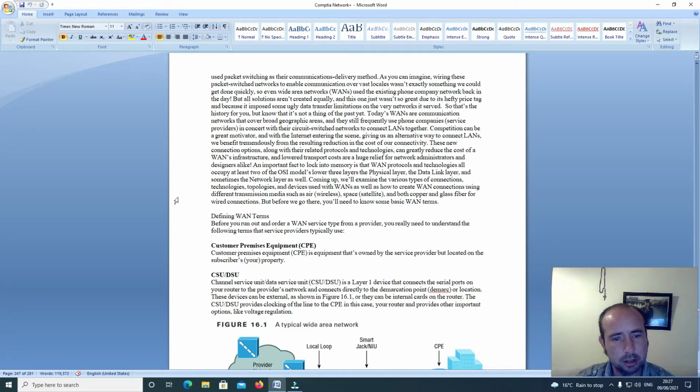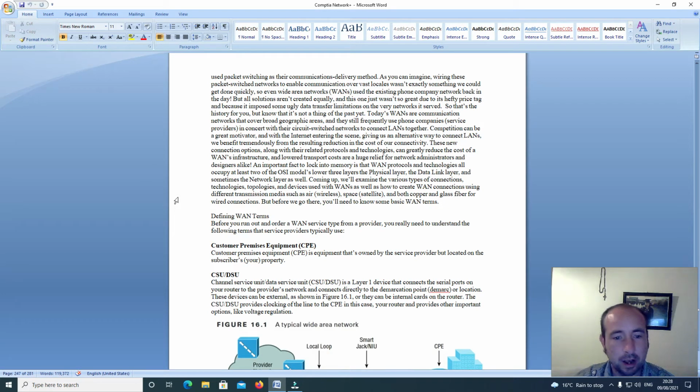These new connection options, along with their related protocols and technologies, can greatly reduce the cost of a WAN's infrastructure, and lowered transport costs are a huge relief for network administrators and designers alike.